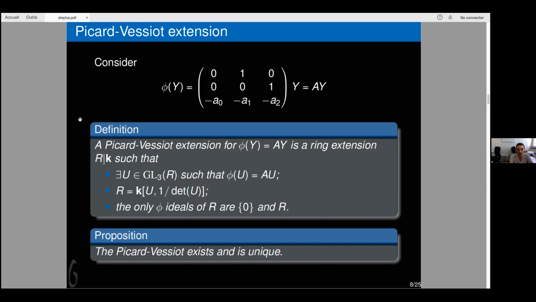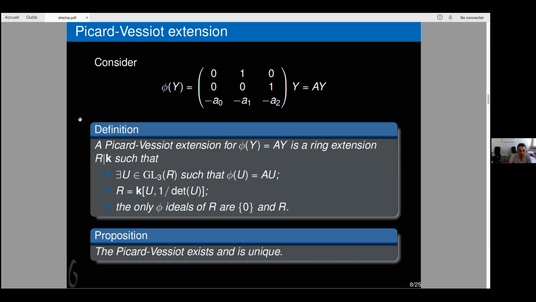In other words, you have a basis of solutions: you don't have one solution, but three different solutions. And R is generated over K by the entries of U and the inverse of the determinant. The last assumption is that the only ideals of R stable under phi are just 0 and R, so we say that it's phi-simple. Under those assumptions, van der Put and Singer proved that the Picard-Vessiot extension exists and is unique.